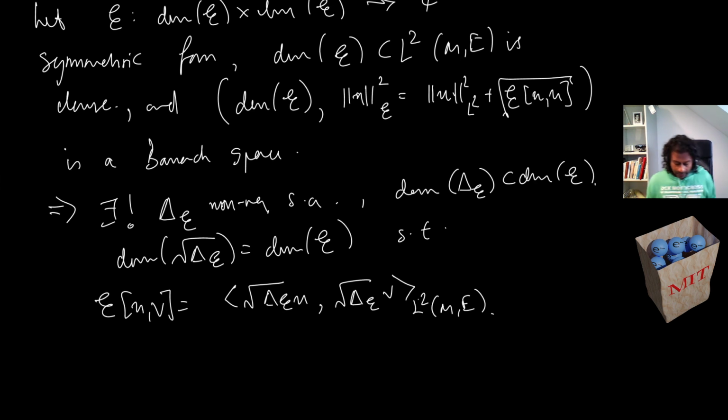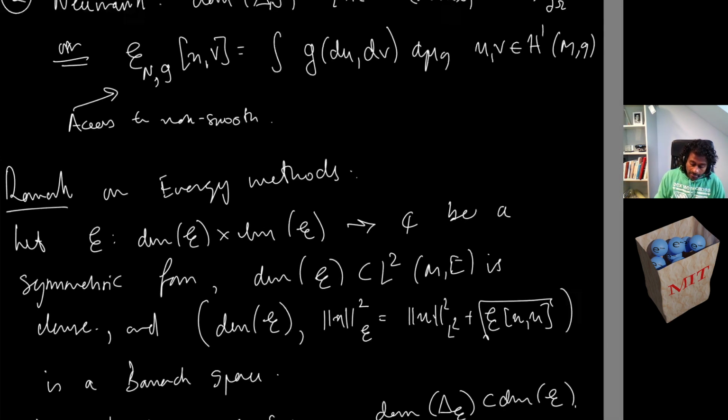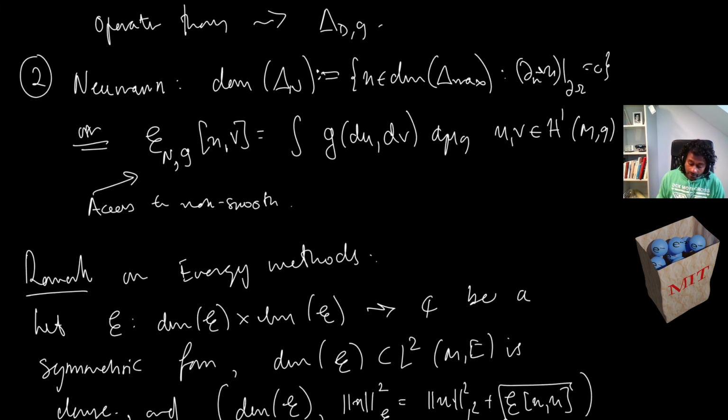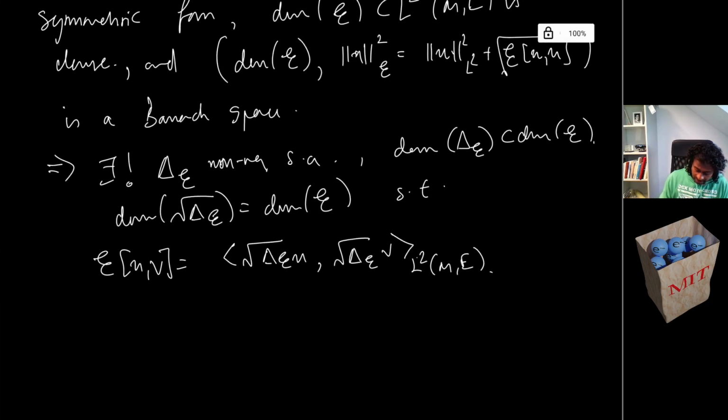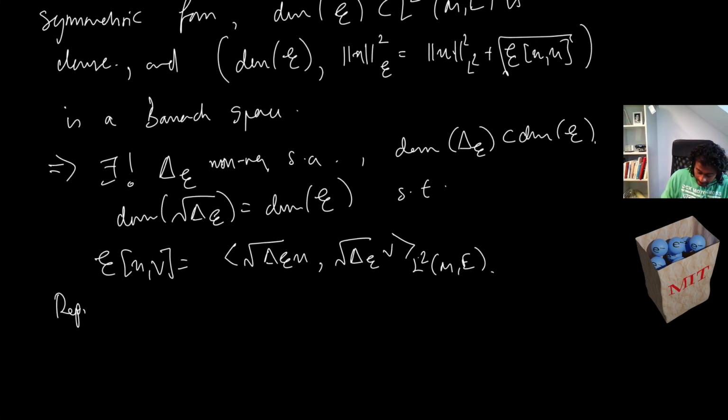Okay, so this is the way in which you would induce the Dirichlet or the Neumann problem. In the case you have a non-smooth metric, in the case you have non-smooth boundary, you still can set up a Dirichlet energy with the right Sobolev spaces, and then this allows you to use these. So this is, I think, representation theorem 1 and 2 in Kato.